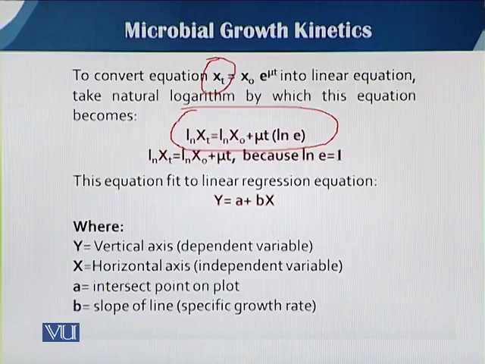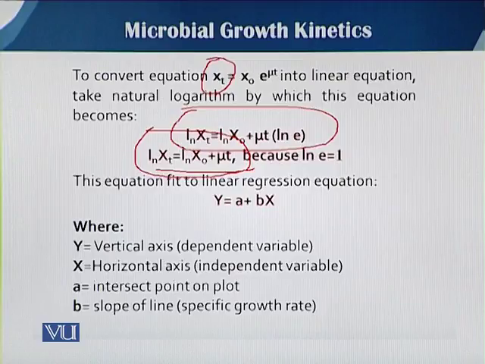When there is a natural log of e, that is automatically equal to 1. So this equation becomes ln xt equals ln x naught plus mu t.